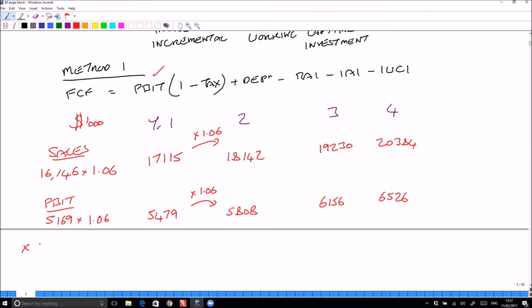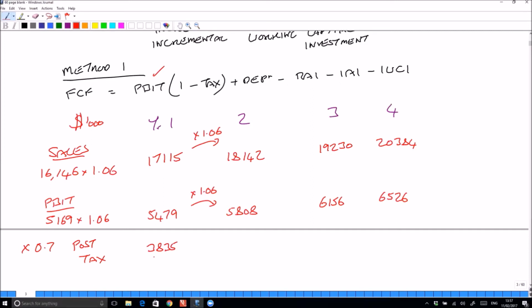And you can say times 0.7, and that's the post-tax figure, isn't it? And so if we turn the 5479 into a post-tax figure, I think 3835.